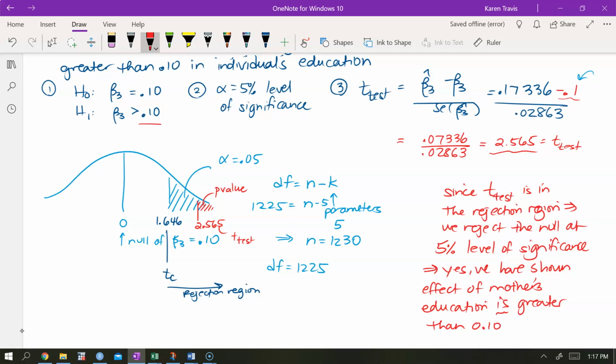Again, we've shown it at 5% level of significance, which means we've shown it, we believe in it, but we're acknowledging there's still a 5% chance that we have mistakenly rejected the null. But we have quite a strong result because we got quite a ways past that 5%. So this would be a strong result.